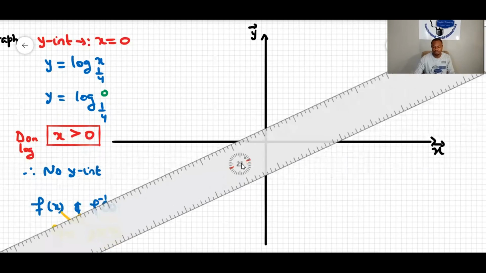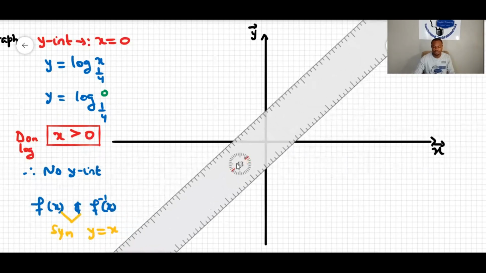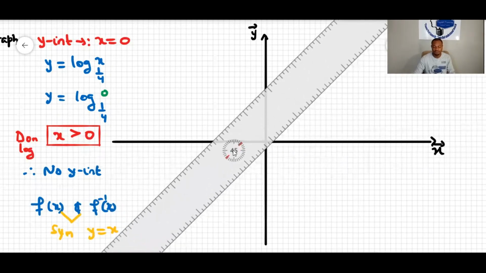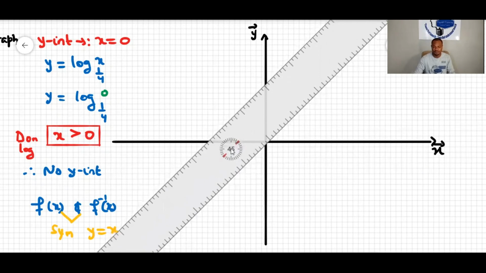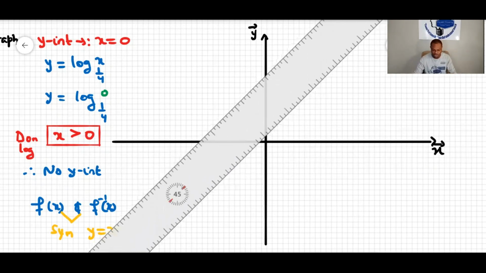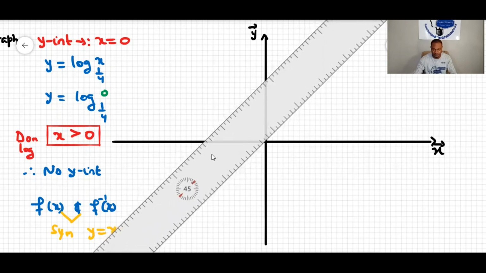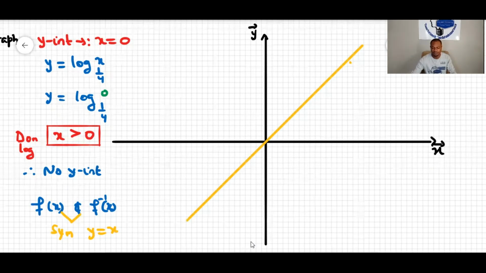The line y equal x splits the first quadrant in half, 45 and 45 degrees, because both will make 90 degrees. So it's a line that passes through the origin and makes an angle of 45 degrees. This is the line y equal x.